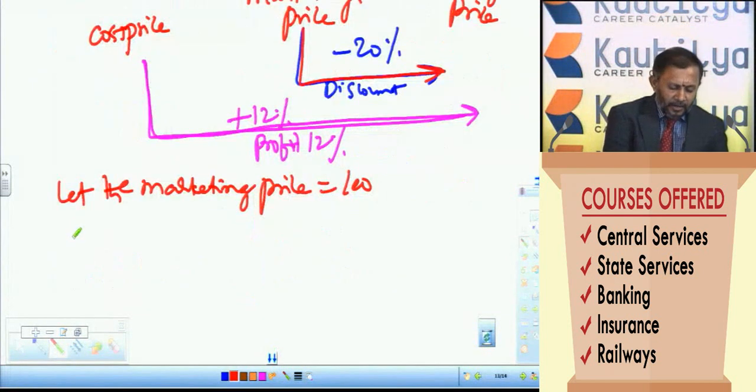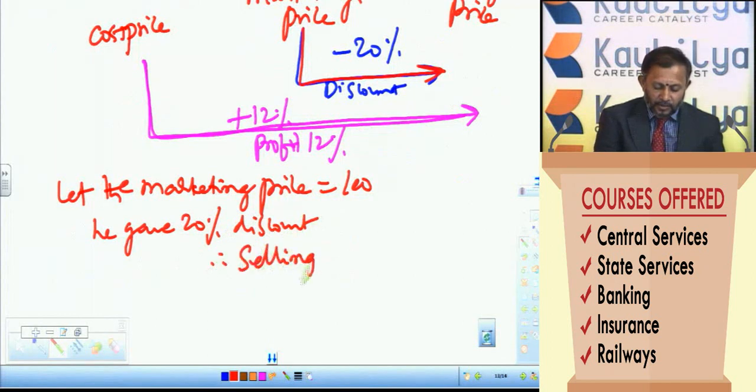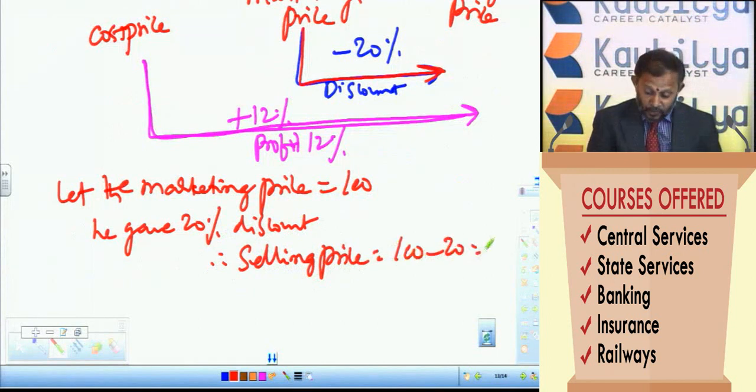But as per the data, he gave 20% discount. Therefore, the selling price is equal to 100 minus 20. That is 80 rupees.